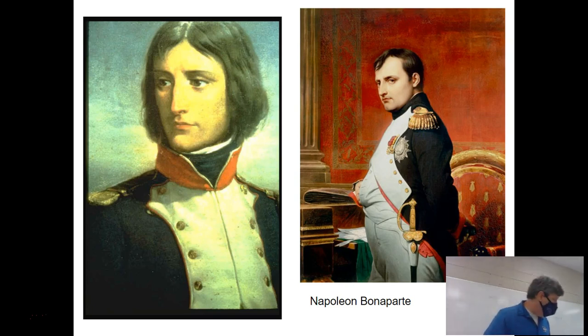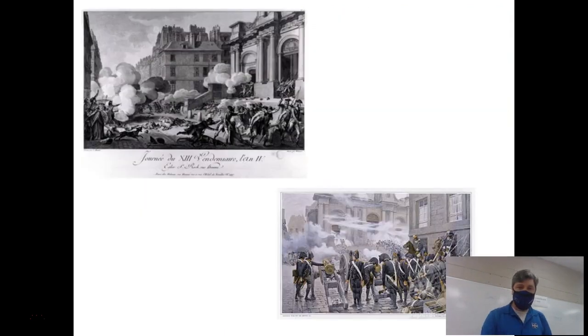Moving forward very quickly, when the Thermidorians are in charge in 1795, Napoleon is commanding an artillery company near Paris, and there was a riot that took place. A riot emerged, and it was a royalist revolt.